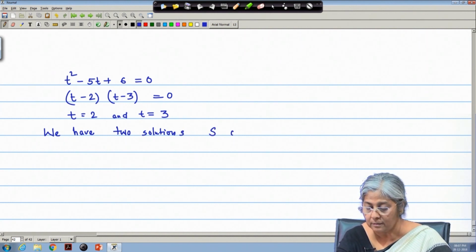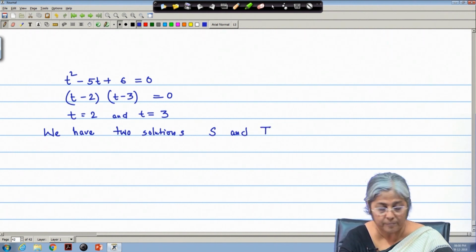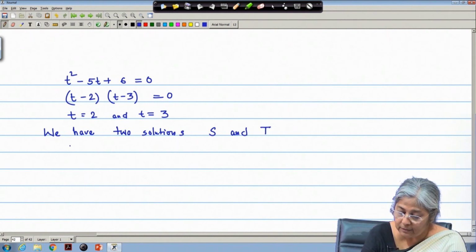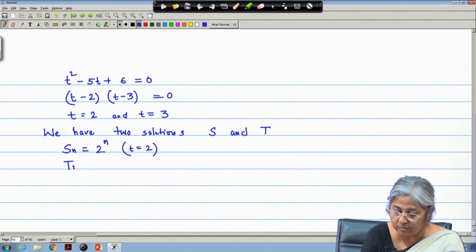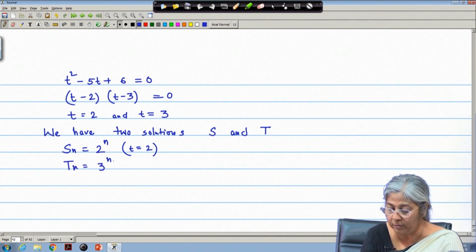Set S and T. So, I can write Sn equal to 2 to the power n, that is t equal to 2, and Tn equal to 3 to the power n, that means t equal to 3.